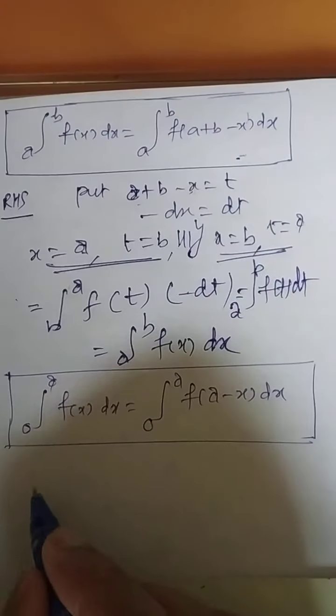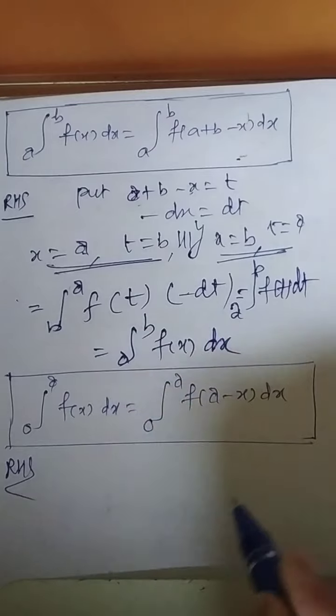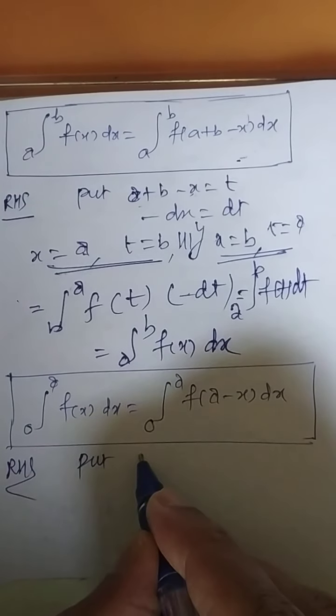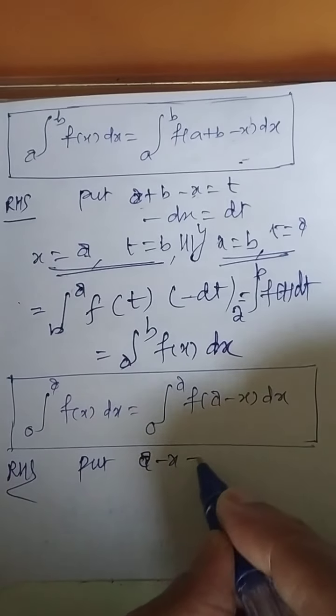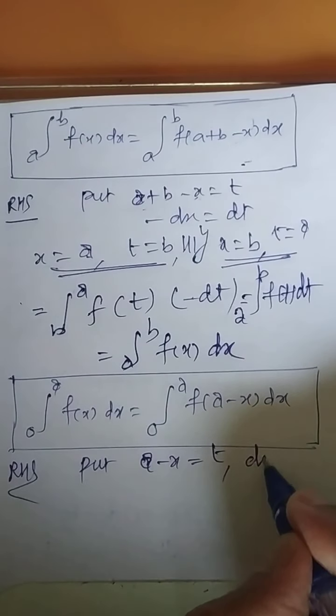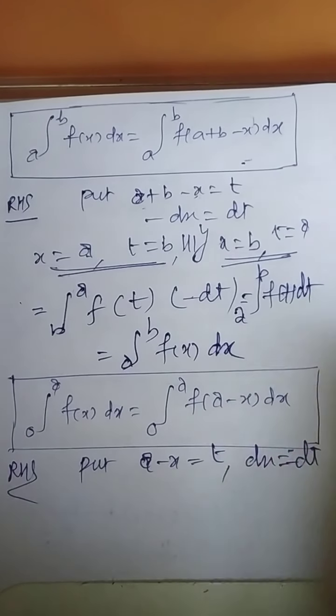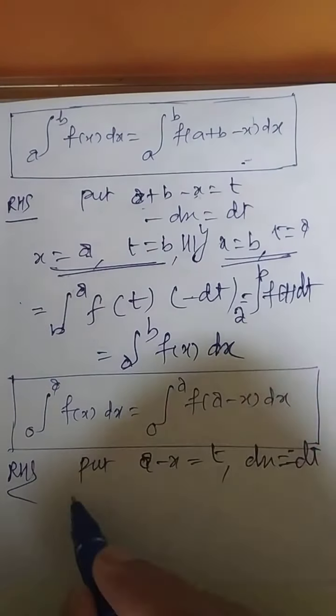Now this is one more question. This property also you can start with the right hand side, but replacing a minus x is equal to t. This will give you dx is equal to minus dt. Now if x is equal to a, t will be equal to 0, and if x is equal to 0, then t will be equal to a.